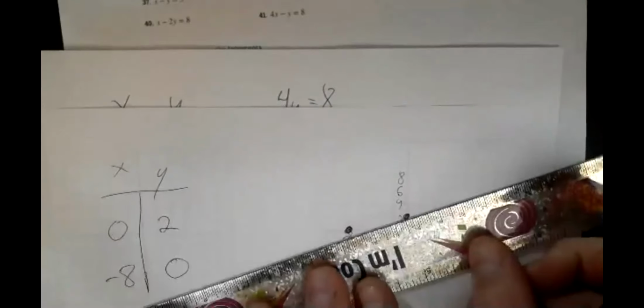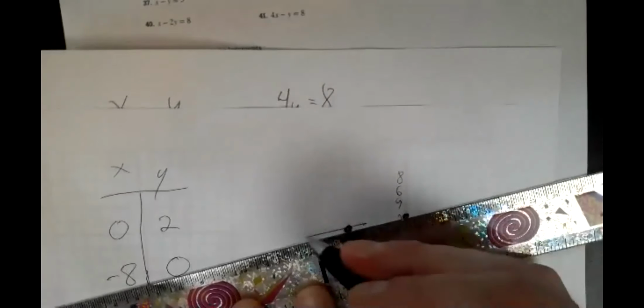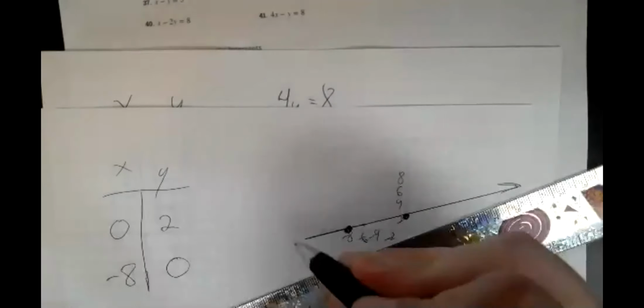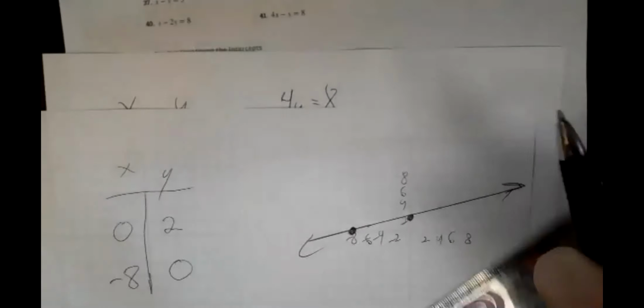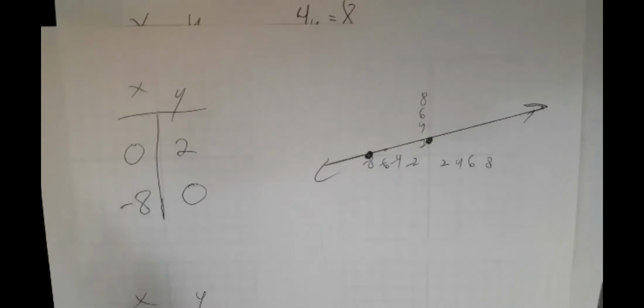And then I have my 2 points. That's what I have to do. Good. I can't draw a straight line to save my life, so I'm not expecting you to. I'll give you those answers.